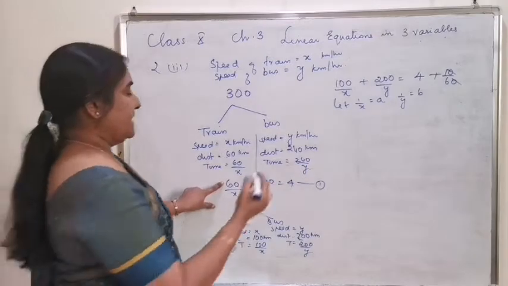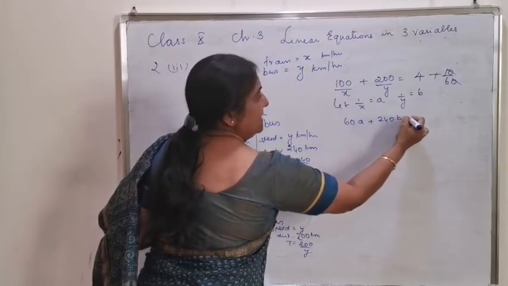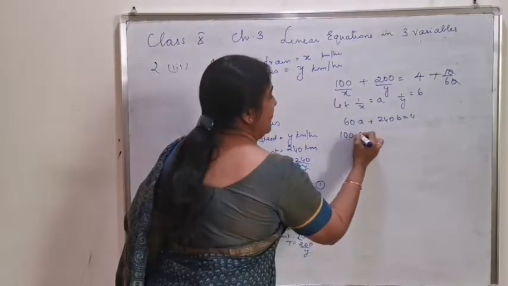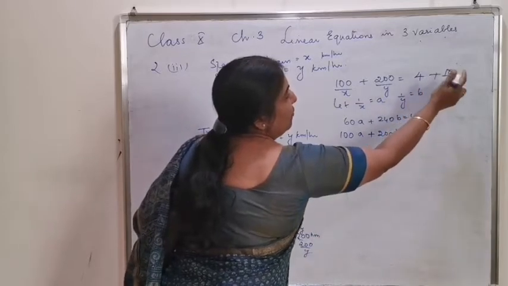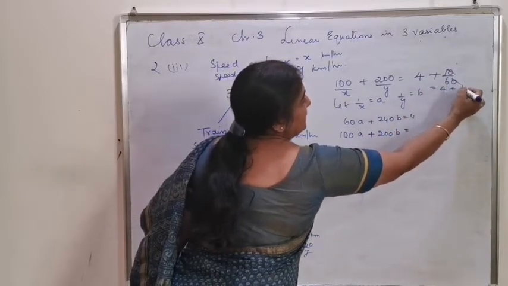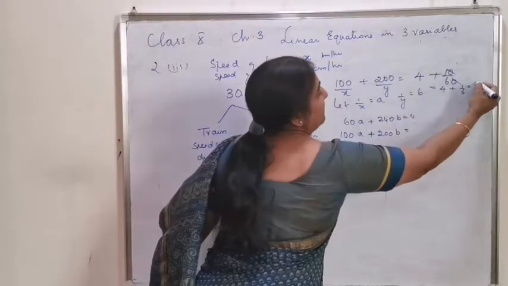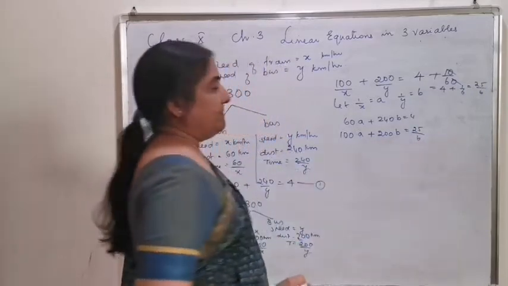First equation, 60a plus 240b is equal to 4. Second equation, 100a plus 200b is equal to 4 plus 1 by 6, which is 25 by 6.